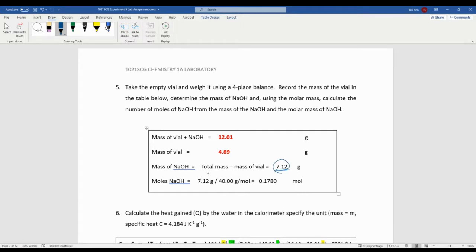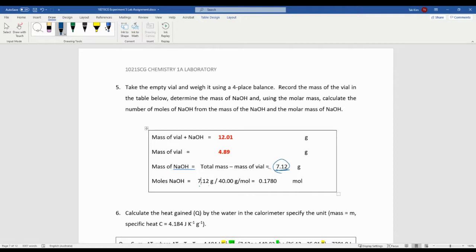From the mass you'll need to find the number of moles of your sodium hydroxide. When it comes to a pure chemical or pure compound, in solid form you need to use mass over molar mass.